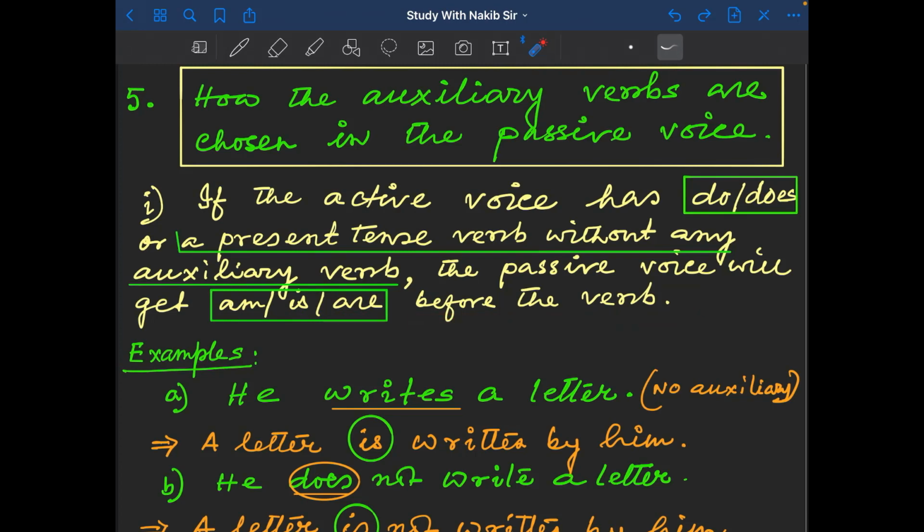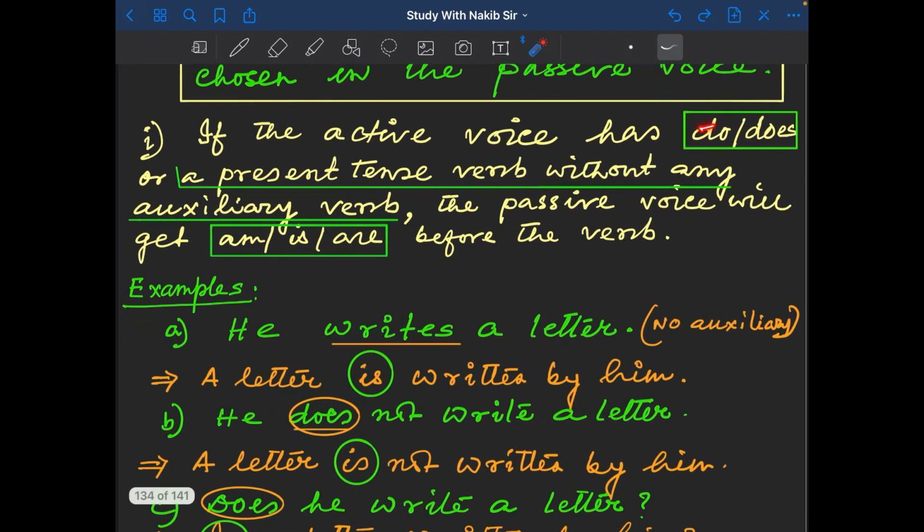What is the condition? If you get do or does in the given sentence or a present tense verb without any auxiliary verb, then in the passive voice use either am or is or are as per need of the number and person of the subject. Now see the example, then you can understand.